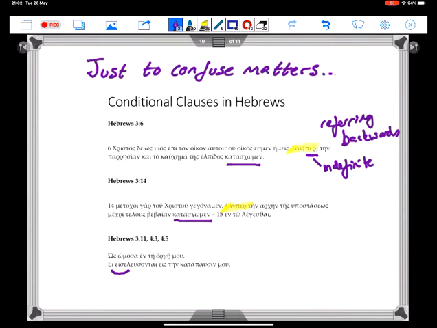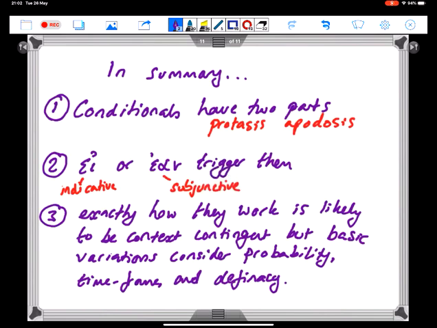So in summary, conditionals have two parts, the protasis and the apodosis. You're going to use ei in the indicative or ean and the subjunctive on the whole, or you might find other moods useful, but most of them are going to have just a basic indicative subjunctive change.